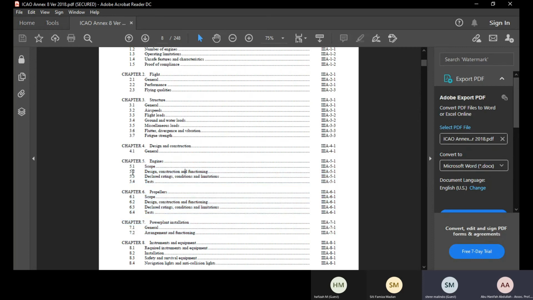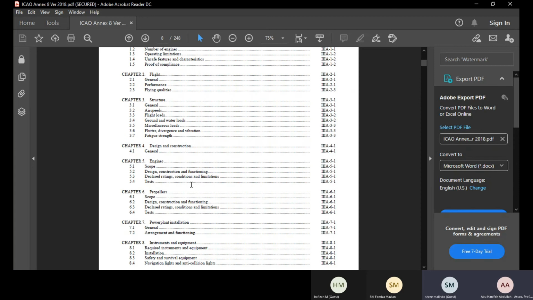Okay, because only a certified engine is required to be installed, it only covers chapter 7, which is subpart E. Subpart E covers only chapter 7. Because chapter 5, chapter 6 are independent certifications. For the CS, FAR, and most of the design airworthiness requirements issued by the state, this ICAO is higher level again.